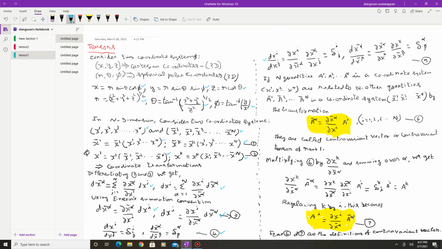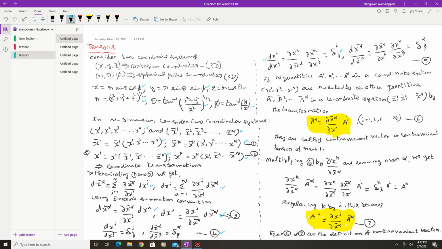This is equal to delta ij, because this is defined as the Kronecker delta, delta ij. There is a summation over alpha. So this is the definition for delta ij. You may also express it in this form, partial dxi by partial dx alpha bar into partial dx alpha bar by partial dxj, because there is a summation over alpha. So this is reduced to the Kronecker delta.